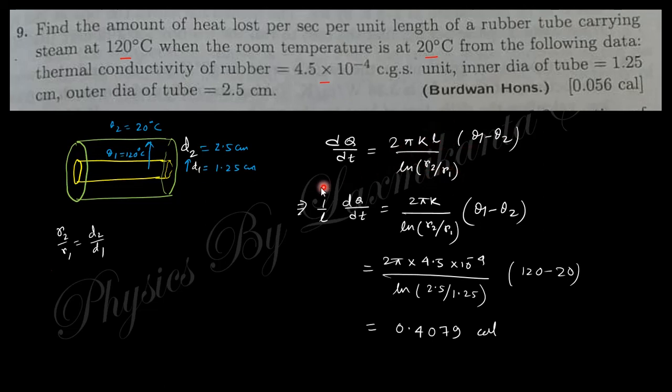Per unit length, you just divide by length, and you get this expression. Put in 2πk, the thermal conductivity given, and ln(r2/r1). The diameter ratio equals the radius ratio, and the temperatures are 120 and 20. So you will get this answer. Clear? If there is any doubt, you must comment in the comment box. Go to the next one.